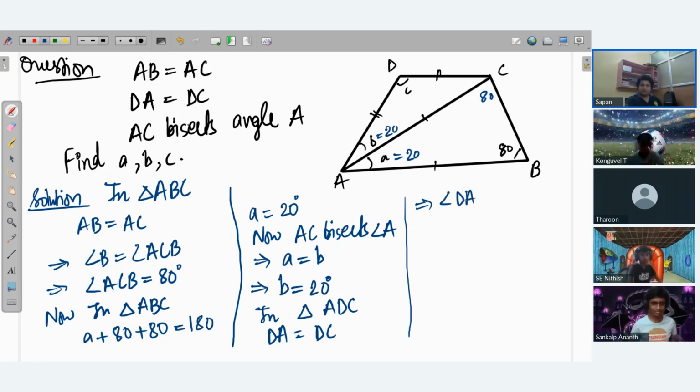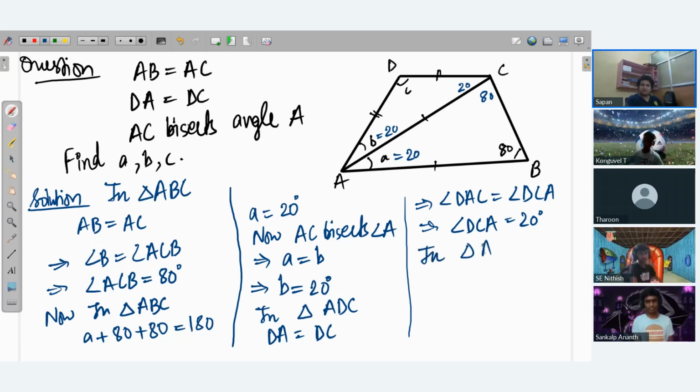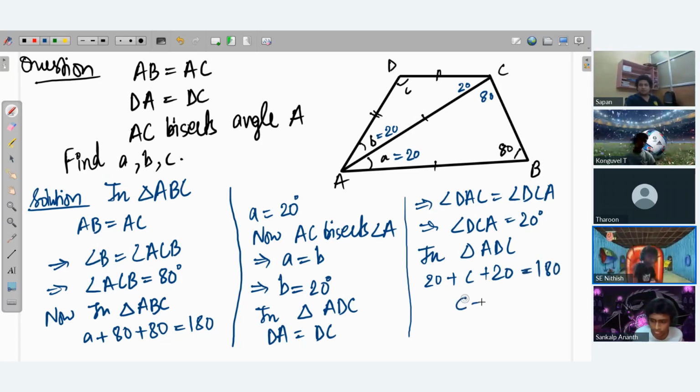So angle DAC must be equal to angle DCA, which means that angle DCA is again 20 degrees. And in triangle ADC, the sum of angles must be 180 degrees. So 20 plus C plus 20 must be equal to 180 degrees. So C is 180 minus 40, 140.